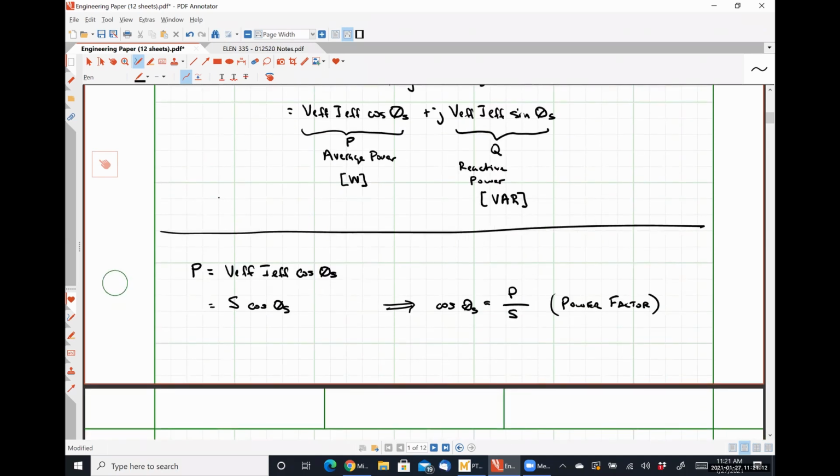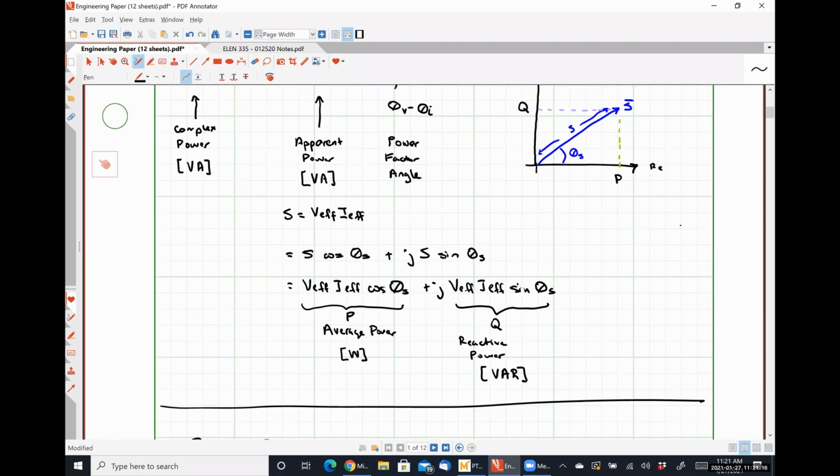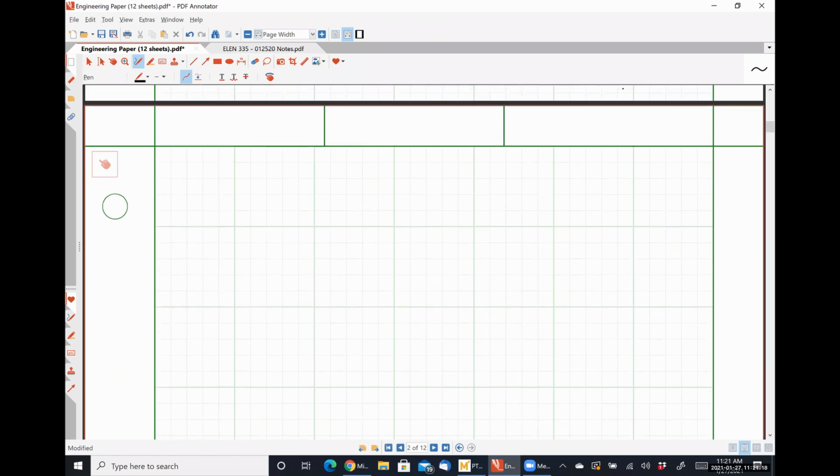All right, so going back to our power triangle, I'll draw a new one here because we're kind of running out of room. Let's see.